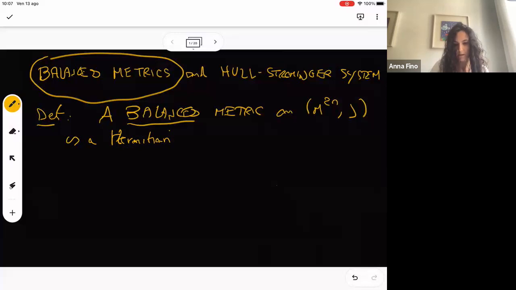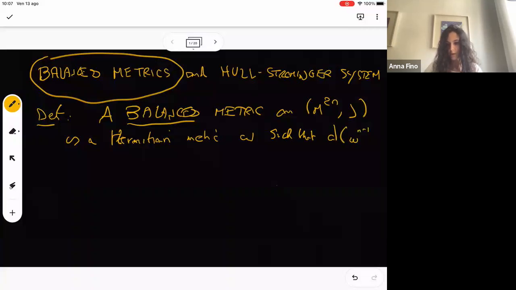So it is a Hermitian metric omega, with complex dimension n, such that the differential of omega to the n minus 1 is zero, that is, omega^(n-1) is closed.